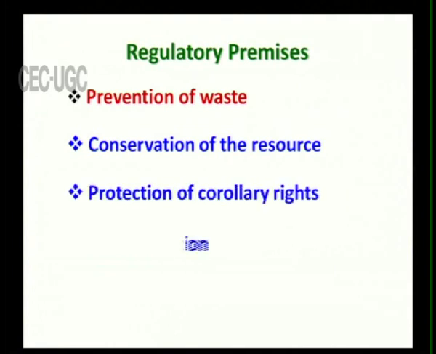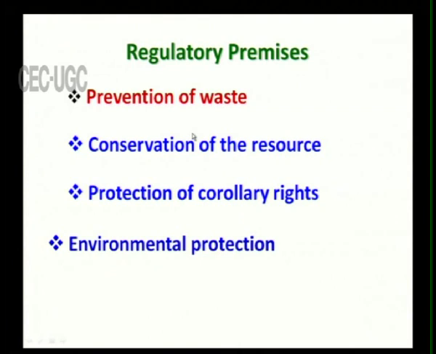See, now what are the regulatory premises? We have to prevent the waste, we have to conserve the resource, because petroleum or coal are not going to sustain everlasting, because within some 100 years all the coal reserves will be complete, and within 50 years all the petroleum reserves will be finished off.